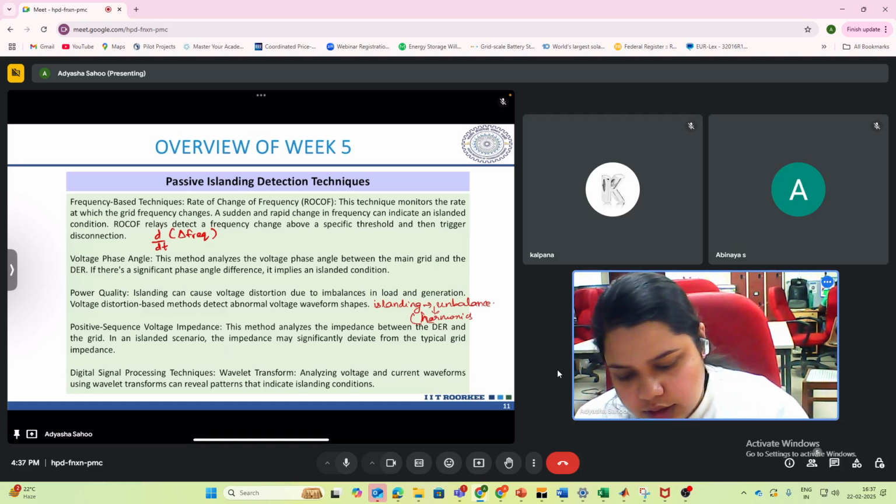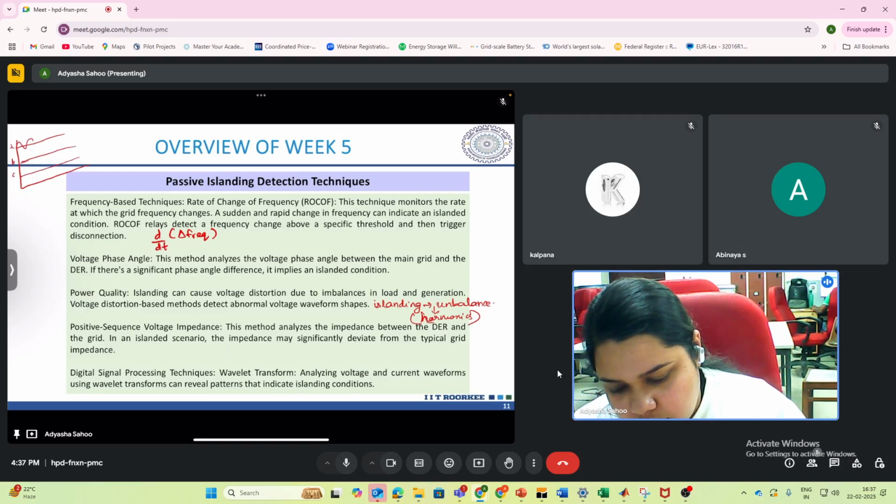So let's say you have three phases, right? A, B, C. So let's say this is the voltage waveform. Okay, so that was in grid connected mode.